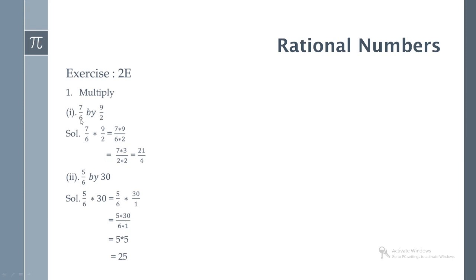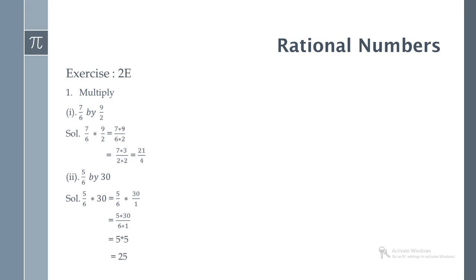Now first one, 7 by 6 by 9 by 2. Now 7 into 9 by 6 into 2. Now I got 7 into 3 by 2 into 2. How did I get it?